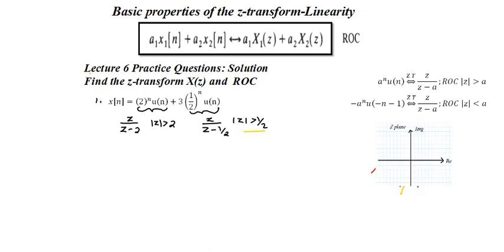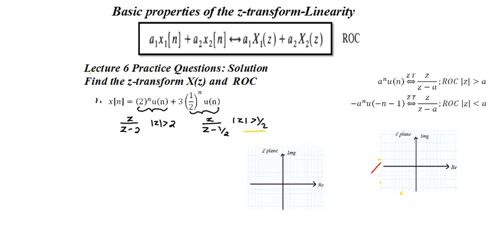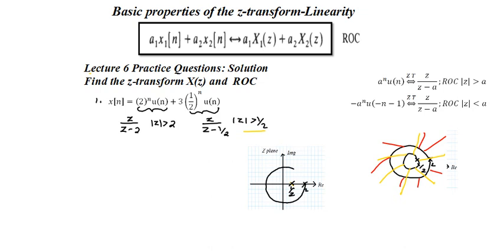So I can plot the final ROC like this. This is one pole at 1 by 2 and another one at 2. So both signals overlap if it is greater than 2.